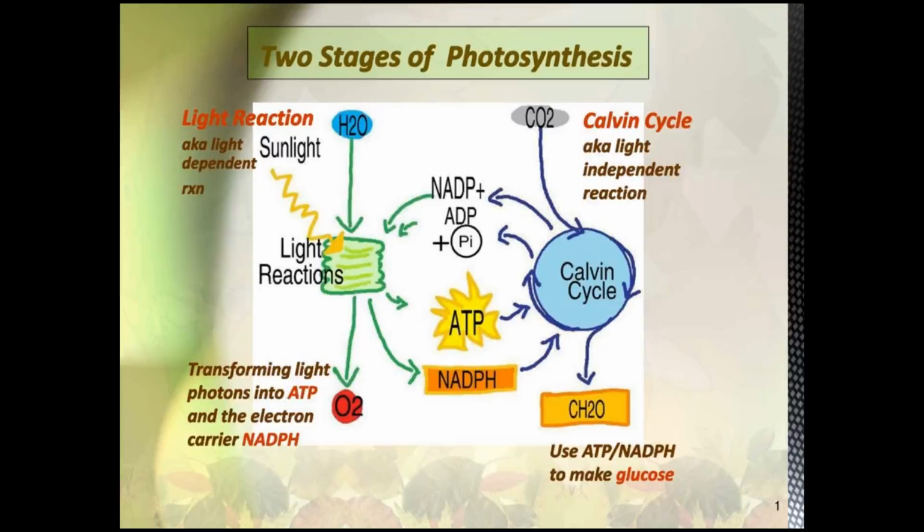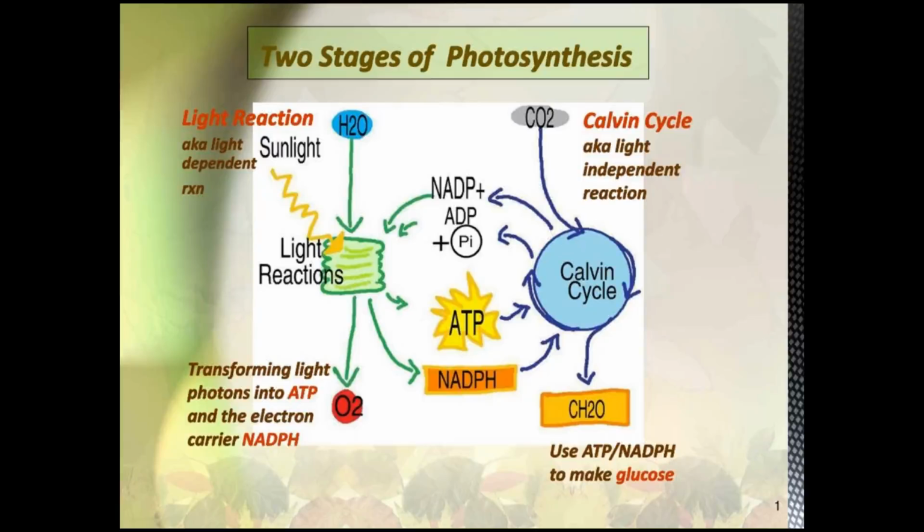ATP and ADP are different. Adenosine triphosphate, that is triphosphate, is ATP. Adenosine diphosphate is ADP. The Calvin cycle will give ADP and NADP.